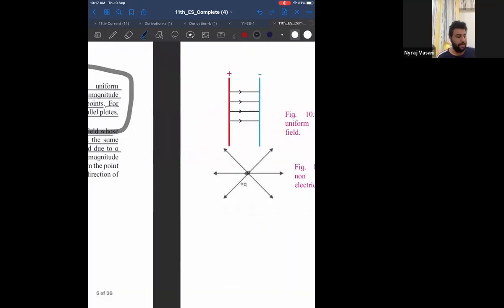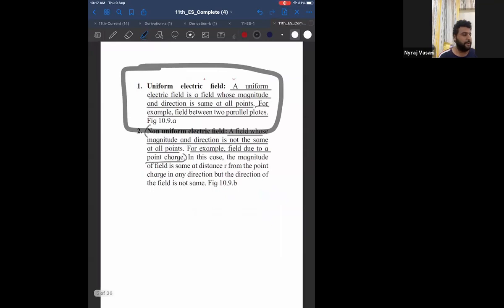Below that, write down non-uniform electric field. And write down whatever I have underlined.